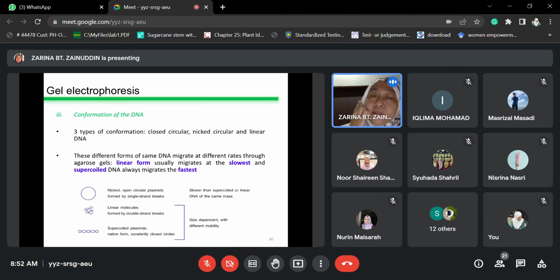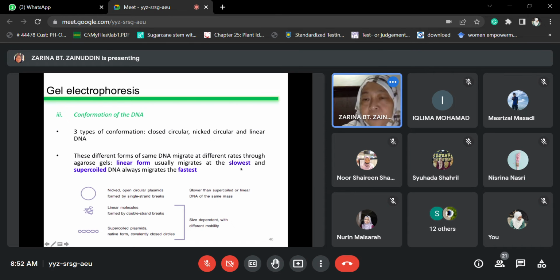Alright, and then conformation. There are three types of conformation of DNA. DNA can be closed circular, can be nicked circular, and can be linear DNA. So this is linear molecules, linear, nicked, and then you have supercoiled plasmid. So these different forms of the same DNA will migrate at different rates. The linear form akan migrate at the slowest.